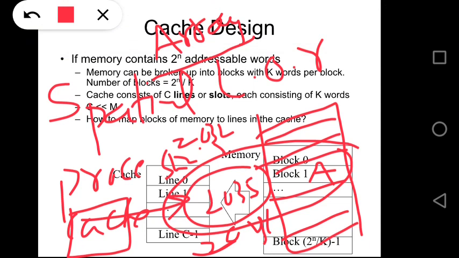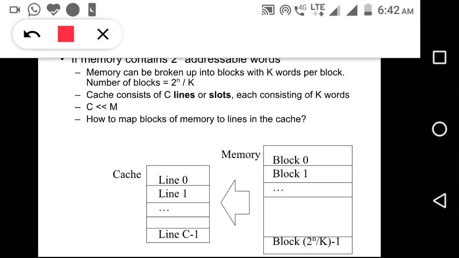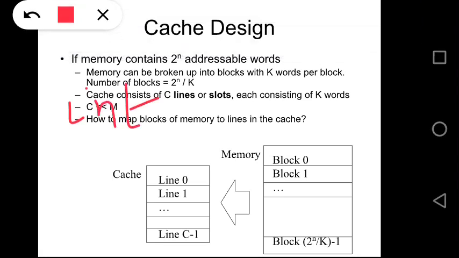Contiguous memory location in the sense they have to be stored in consecutive memory locations. For example, let's assume this is my integer array.